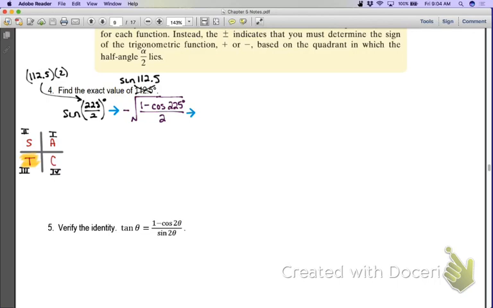Square root of 2 over 2. But what does that value actually need to be, since it's down in quadrant 3? It needs to be negative. So whenever I go here, I'm going to have 1 minus negative square root of 2 over 2, all over 2.